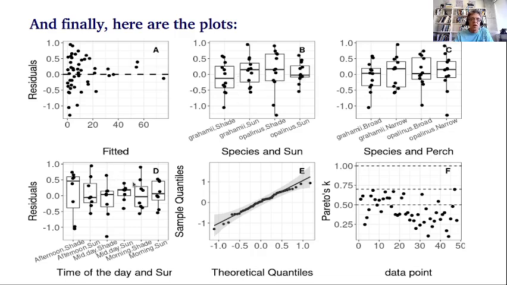This can also be seen here in the plot of the time of the day and sun. The variation of some of the residuals is pretty small, while for some other combinations of explanatory variables it is pretty large.